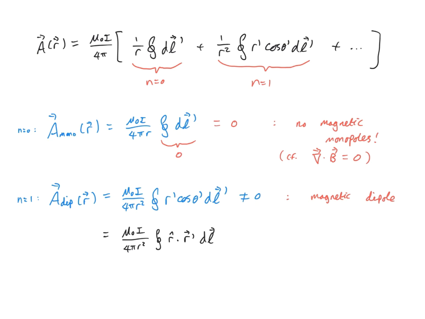Another nice way of writing this: we can express r hat dot r primed in terms of the cross product with the vector area around the loop.